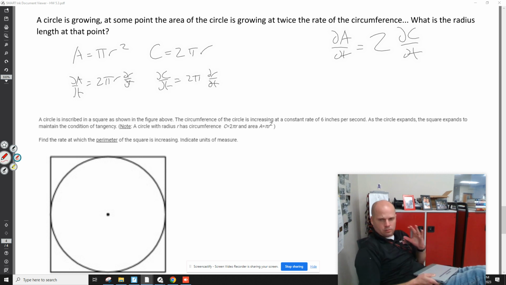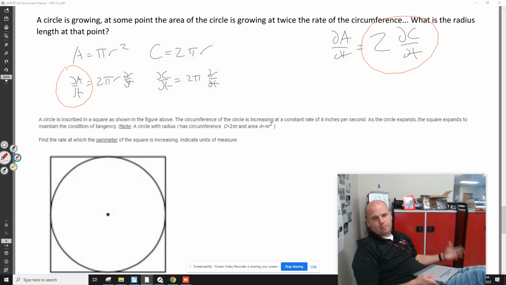So many different ways to do this problem. dA/dt is 2 dC/dt. I can go ahead and plug 2 dC/dt in for dA/dt.